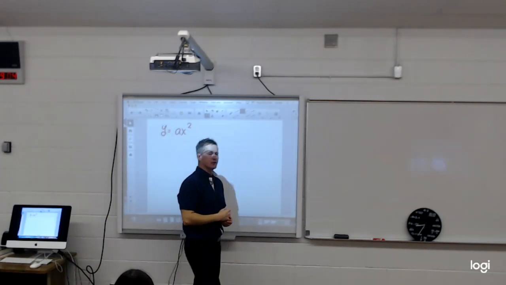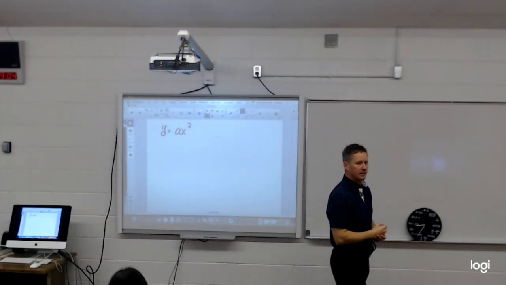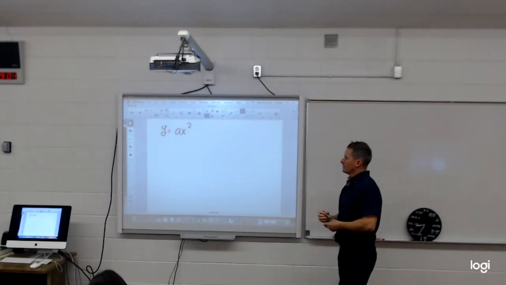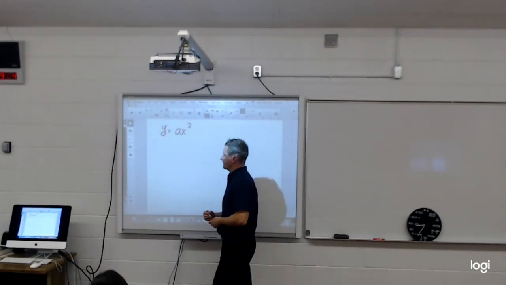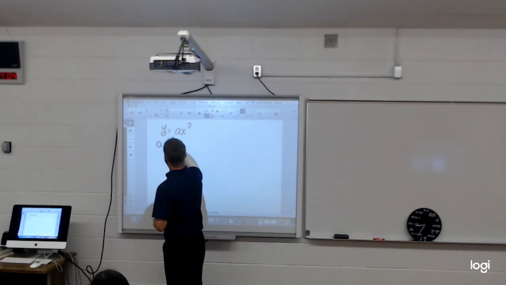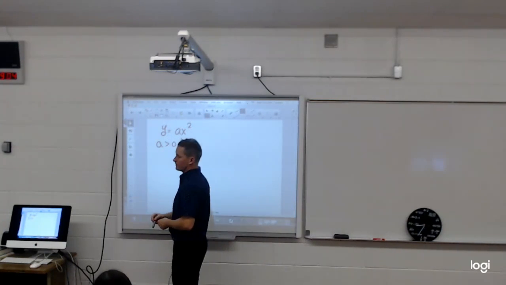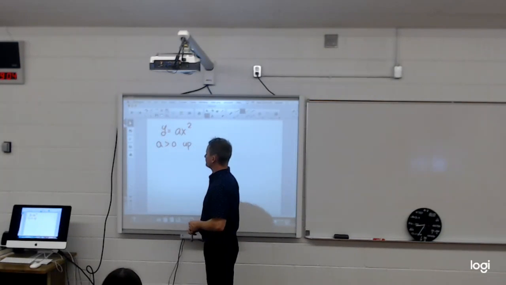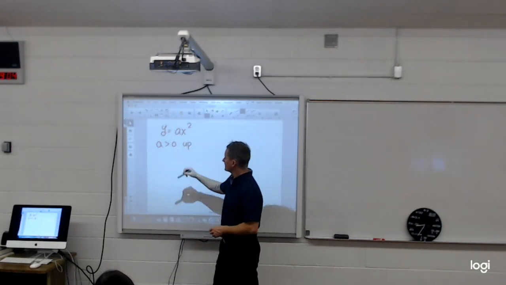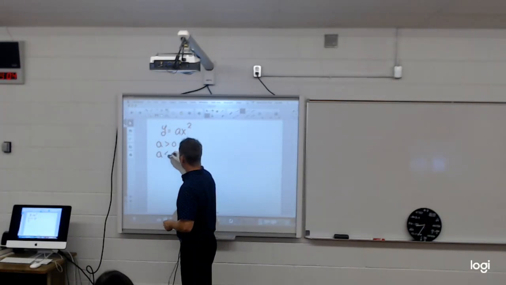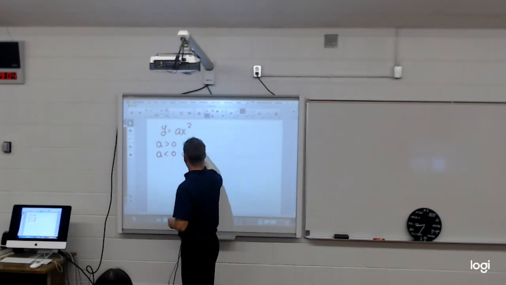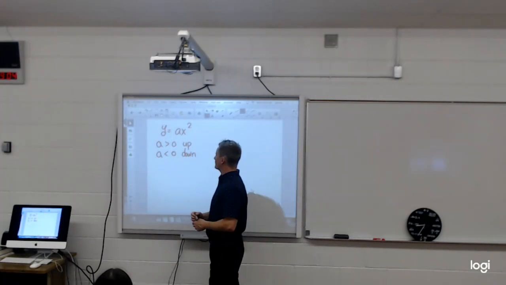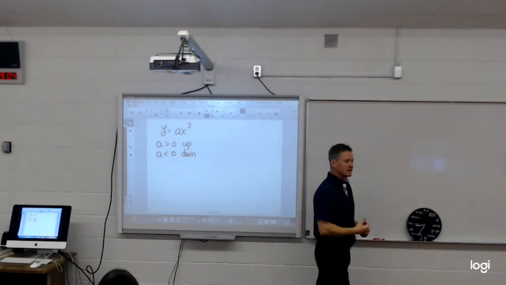That's the coefficient in front of the x squared. It tells us a couple of things. First of all, if a is greater than 0, the graph opens up. If a is less than 0, this graph is a reflection over the x-axis. Therefore, it opens down.